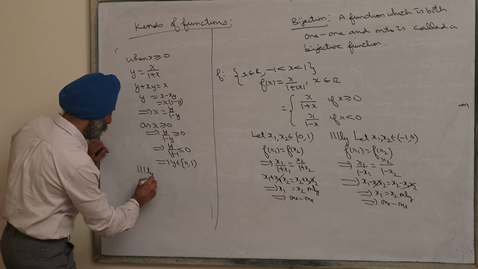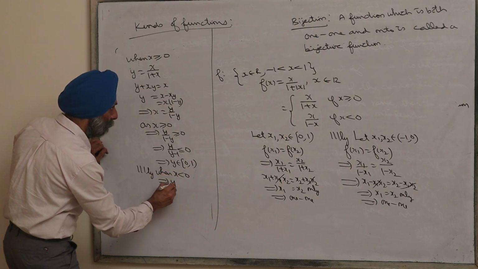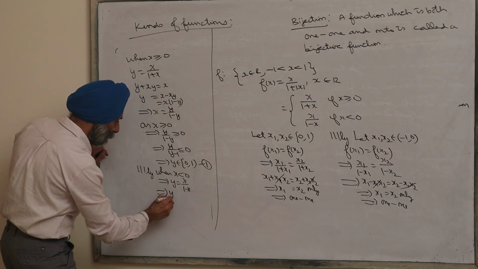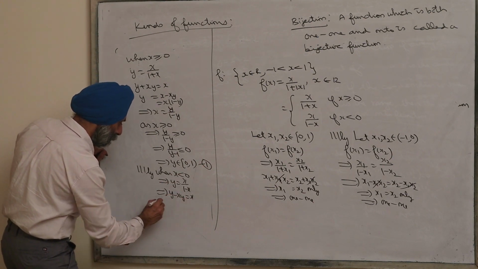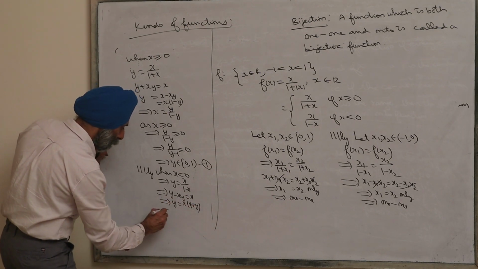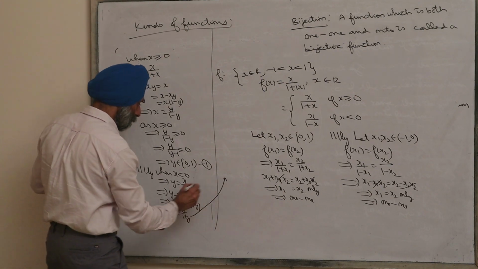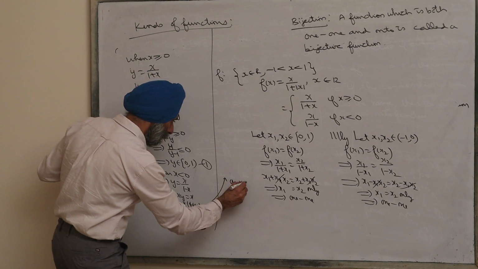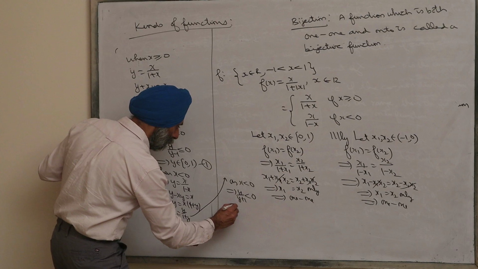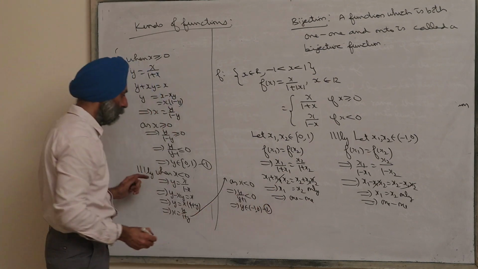Similarly, when x is negative, this implies y is equal to x over 1 minus x. So this implies y minus xy is equal to x, or y is equal to x into (1 plus y). This implies x is equal to y over 1 plus y. As x is negative, implies y over y plus 1 is negative, implies y belongs to -1 to 0.